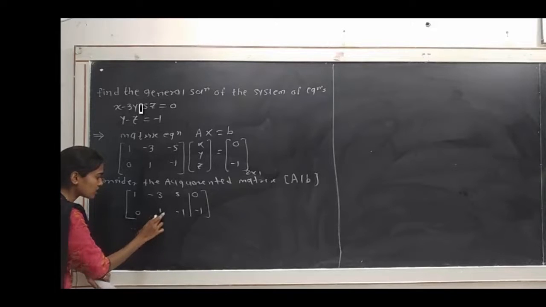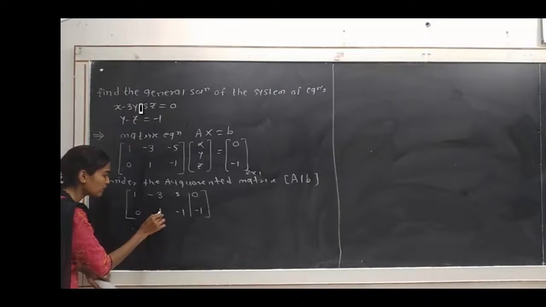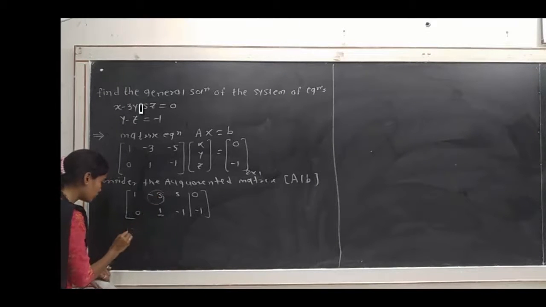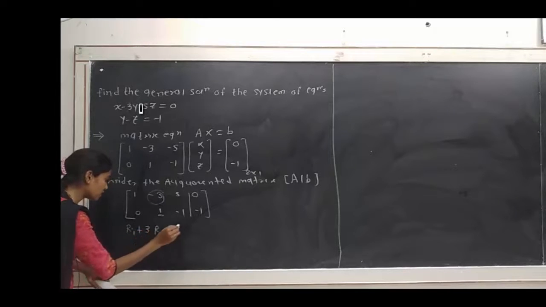If we observe the second row, the leading entry is already 1. So using this we make the minus 3 a 0. We use the row operation R1 plus 3 R2.